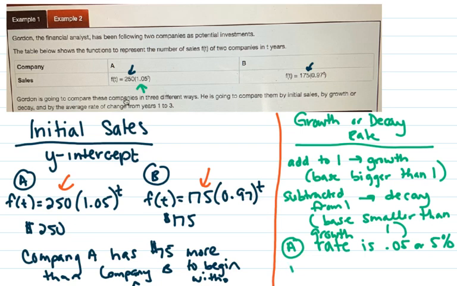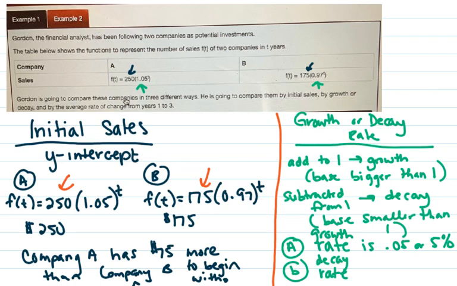For company B, we notice that that number is less than 1, so we know it's decaying. And to figure out how much it's decaying by, or what the rate is, you're going to look at how much is being subtracted from 1. So we're not going to put that it's a decay rate of 0.97. We're going to put how much was actually taken from 1 to get 0.97.